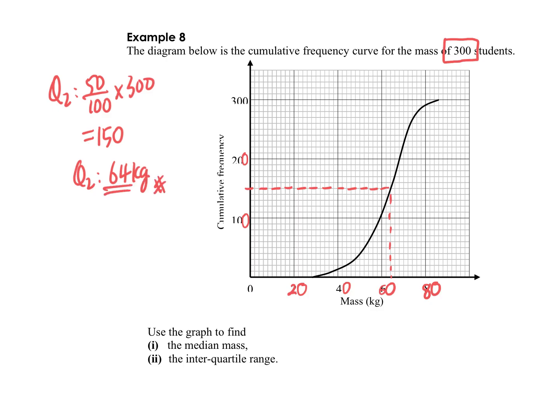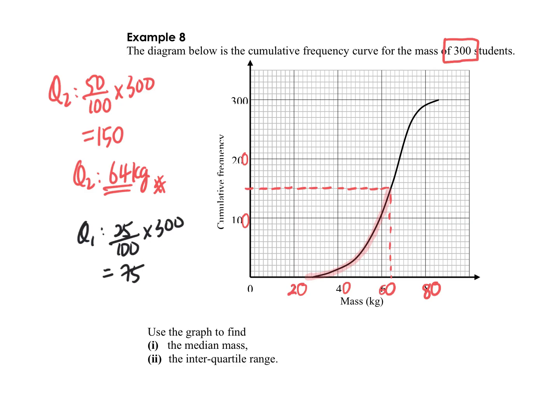Okay, this tells me 50% of the children in the set of data here has a mass of 64 kg or less because it's cumulative, right? Now I want to find interquartile range. I need my first quarter first, Q1. Q1 is 25% of the children, so it's 75 of them.